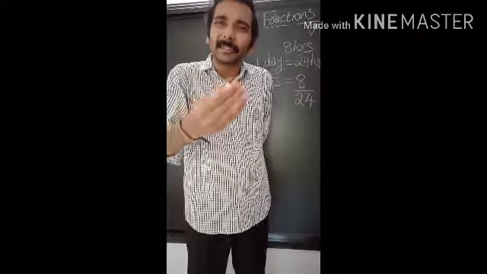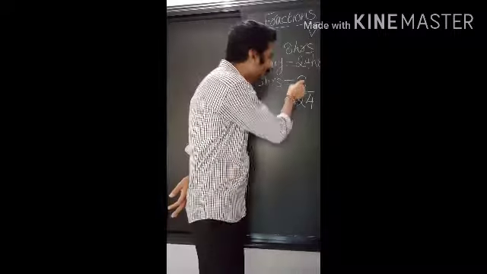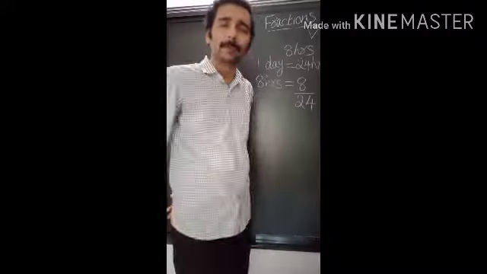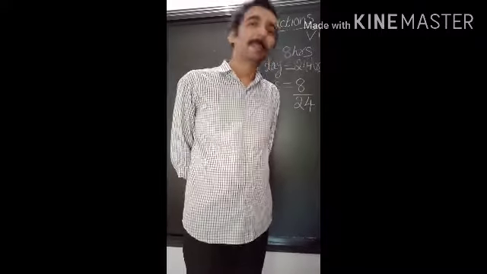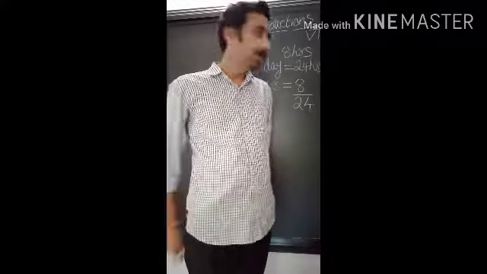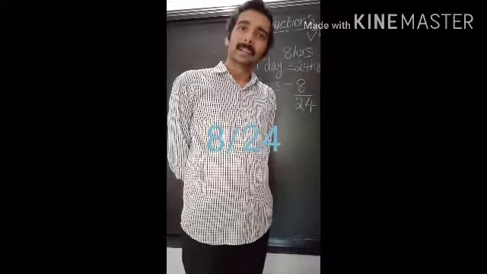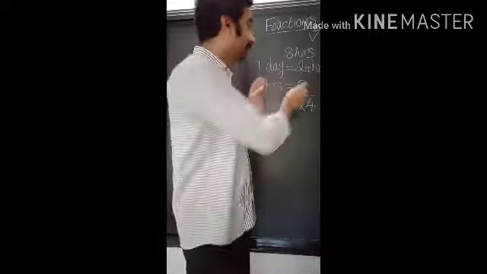Then convert into lowest terms. In 8 and 24, which number is a common divisor? You know, 2, 4, like that. But we convert into the lowest.